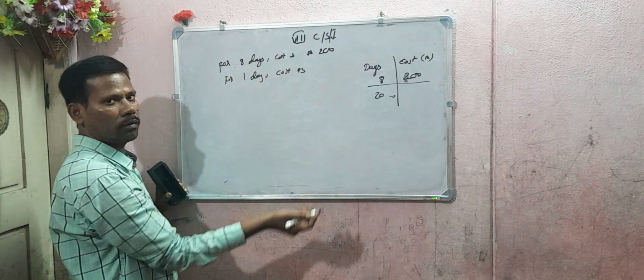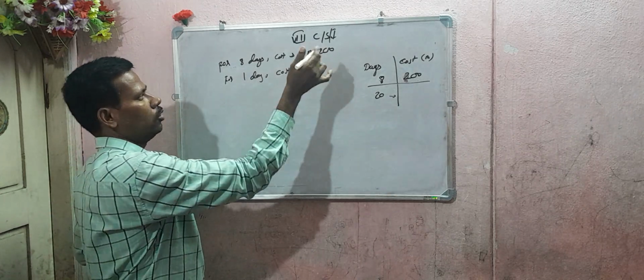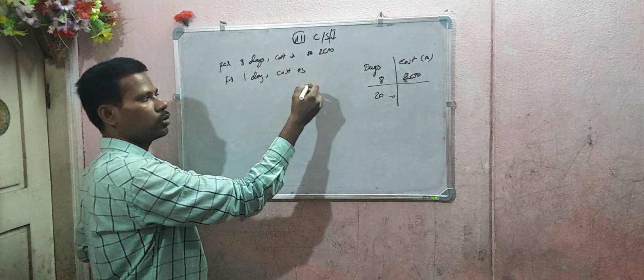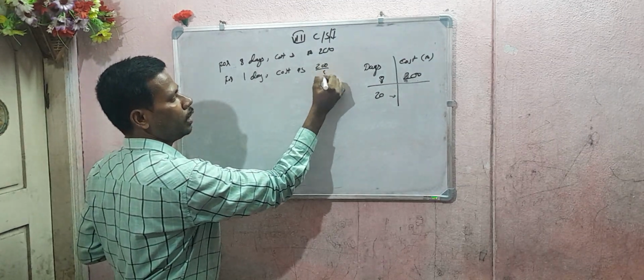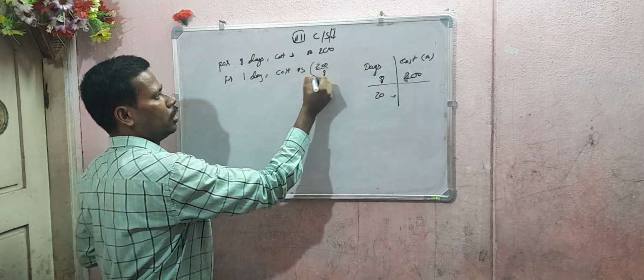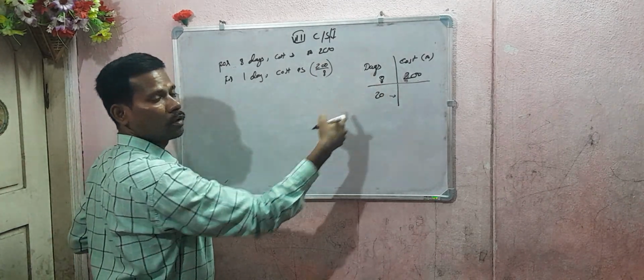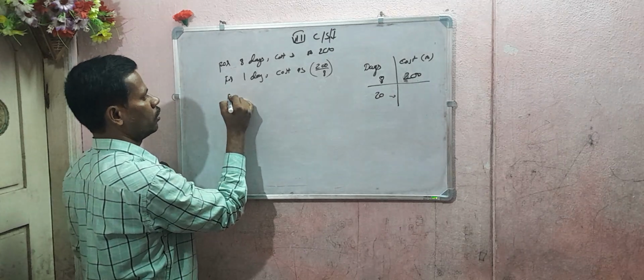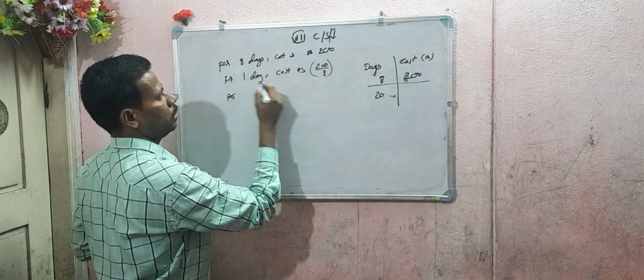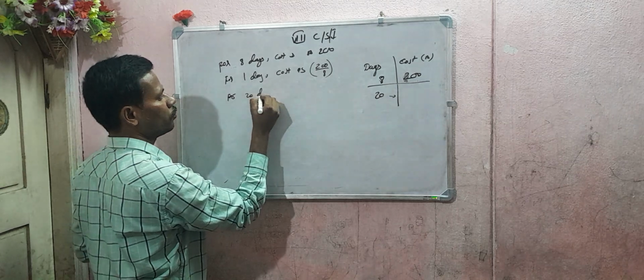For 1 day will he get more or less? He is working for only 1 day. So 200 by 8, just divide. But now for 1 day is asked, for how many days is he asking? For 1 day the cost is this. Now he is asking for 20 days.